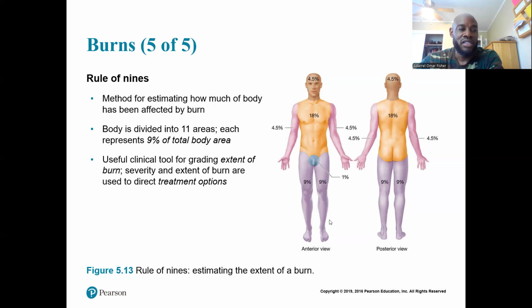That's how they use these percentages to say, oh, they had 36% of their body covered in third degree burns, for instance. So if both of your legs were burned, you would say 18% of their body was covered in third degree burns.